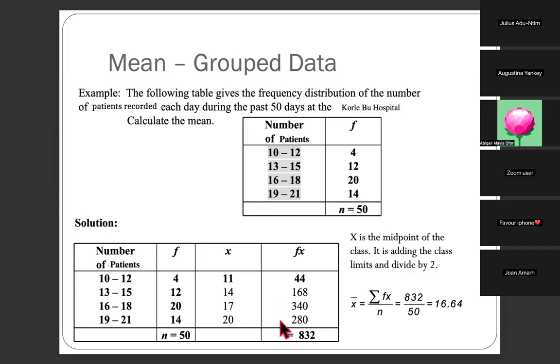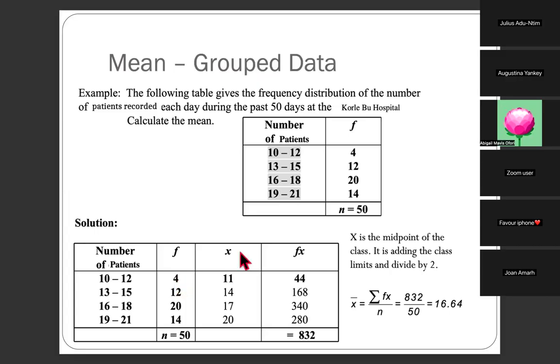So then, the mean of a group data is given by sigma fx. That means add fx, which is frequency times the class midpoint, divided by the number of observations. So over here, you will have to find our fx.